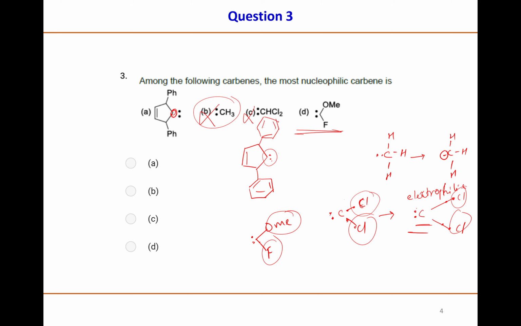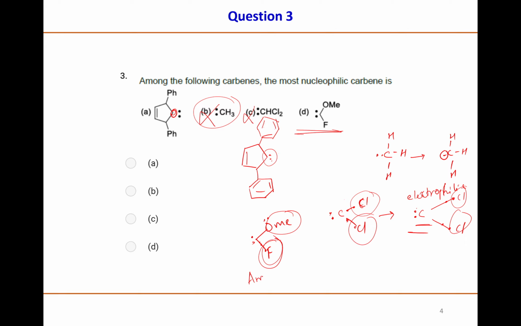Because of electronegativity they will pull the electron density towards themselves, right? Now talking about the OMe group, this has a lone pair, which is an electron donating, electron rich group, right? Because of the electron donating nature of this one and the electron withdrawing nature of this one, both groups are present on the carbene.